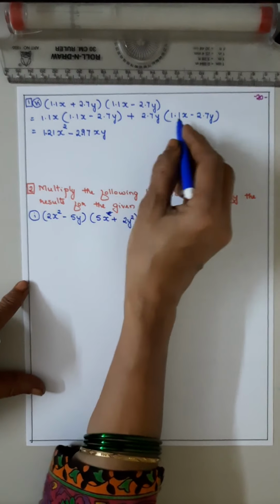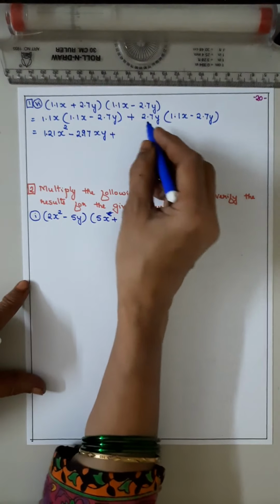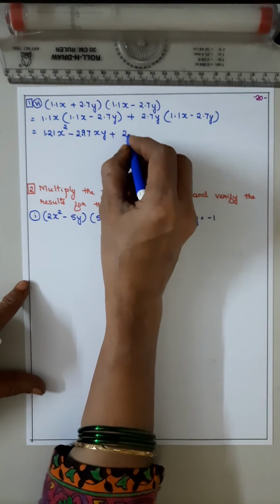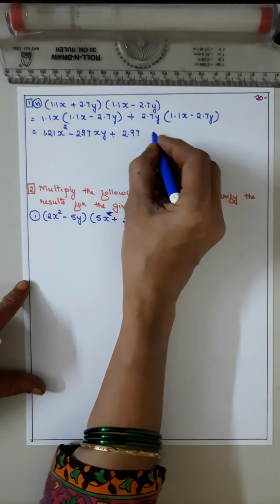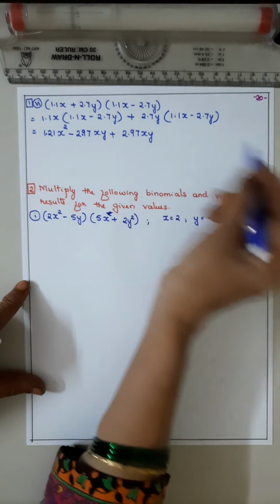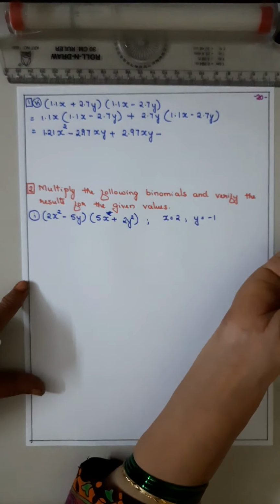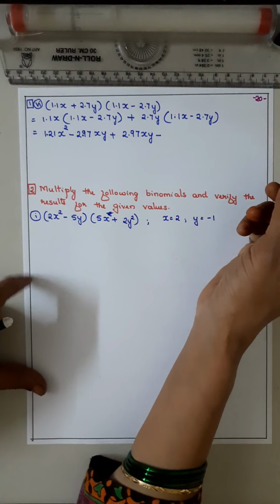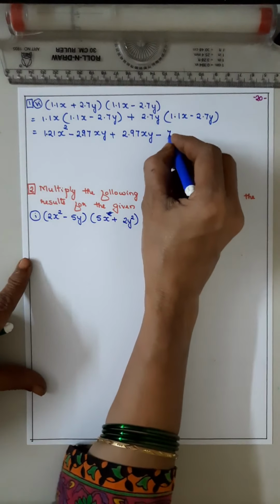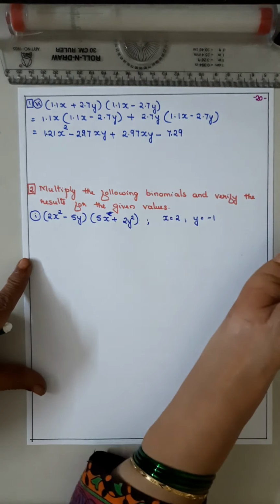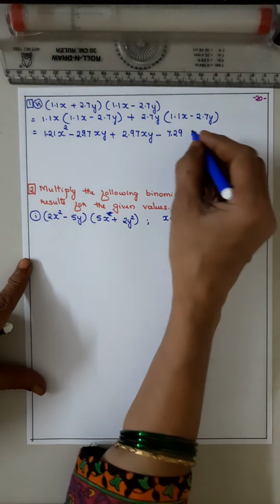Now this is plus, this is plus. Again 2.7 into 1.1, that means it will be 2.97 xy. Now plus minus minus. Now 27 into 27, it will be 729. Now 2 decimal means 7.29.